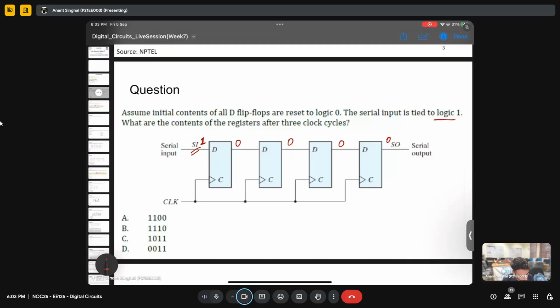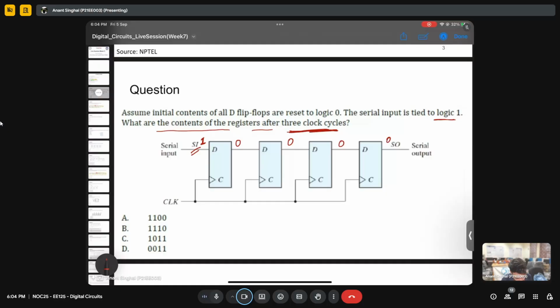Now the problem is, what are the contents of the registers after 3 clock cycles? We have already covered some of these kinds of problems in the previous lecture, in which we calculate the input and output at each and every cycle.